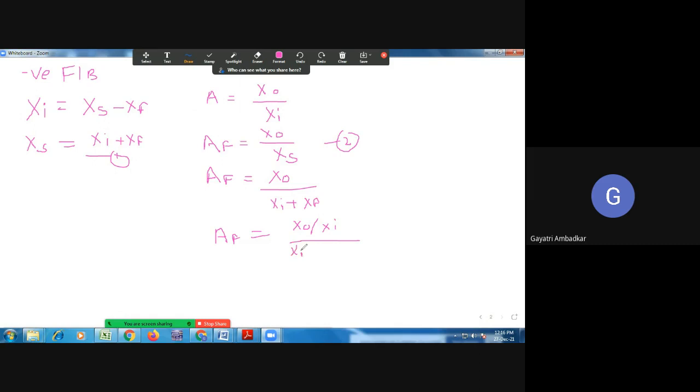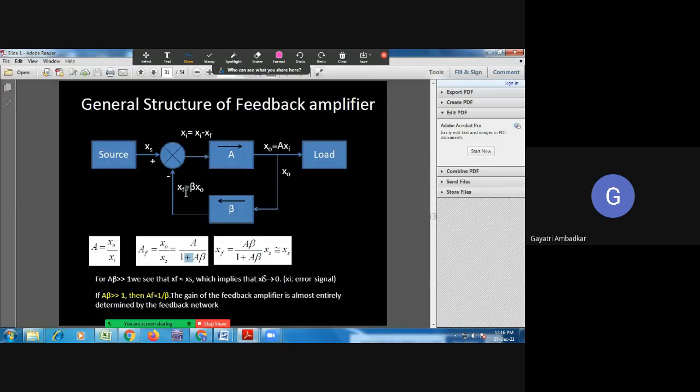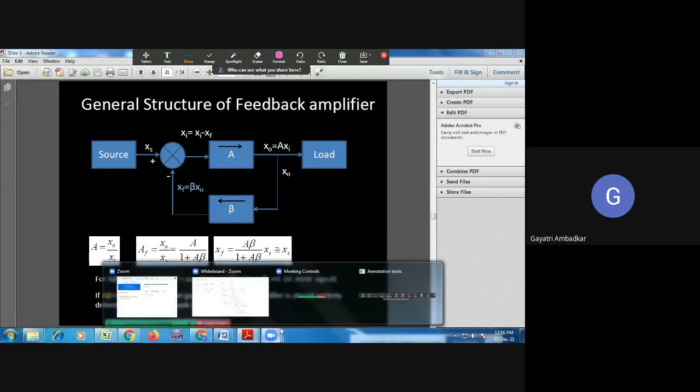Divided by XI upon XI plus XF upon XI. This can be written as, what is XO by XI? It is A. So I will write this as A, over XI by XI is 1 plus XF upon XI. Okay. Now this XF, I will replace it by, what is your XF? Beta times XO. Look here, XF is beta times XO. So I'll replace it.